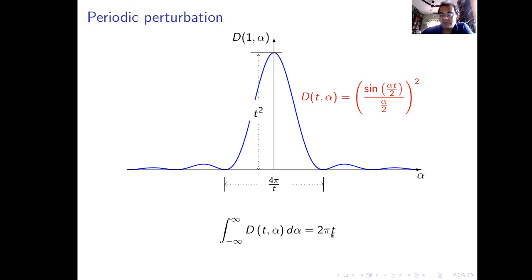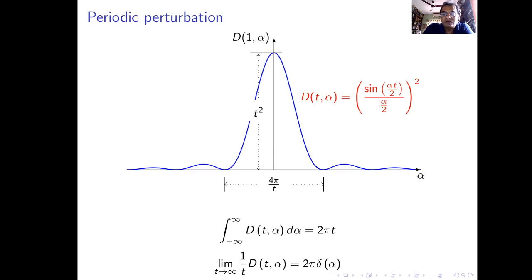So 1 by t times d_t(alpha), this integrand, becomes very high and very narrow as time increases, and in the limit of very large t, 1 by t d_t(alpha) is actually 2 pi delta(alpha), because the area under the curve stays the same at 2 pi.